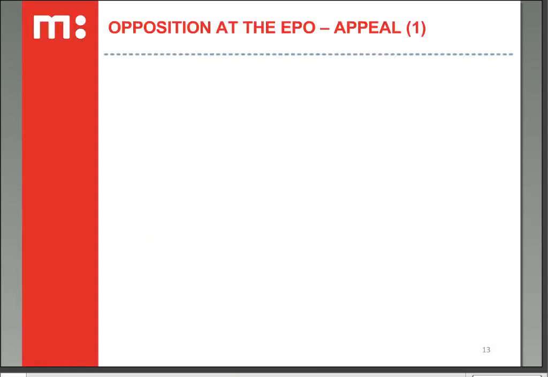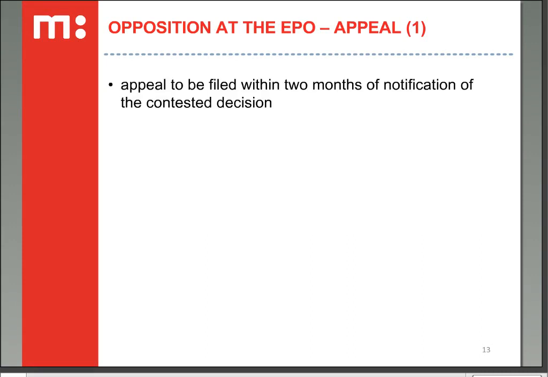So could you comment on the European situation? Well, at the EPO, we have the lucky situation that we can appeal an opposition division decision directly at the EPO. An appeal has to be filed within 2 months of the notification of the contested decision.